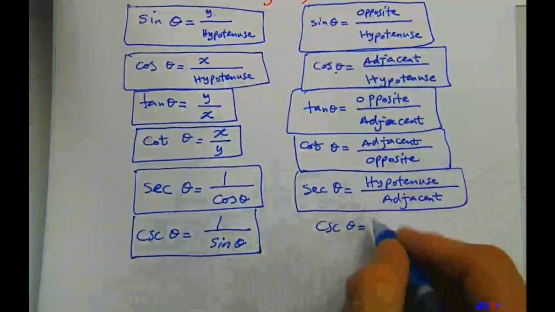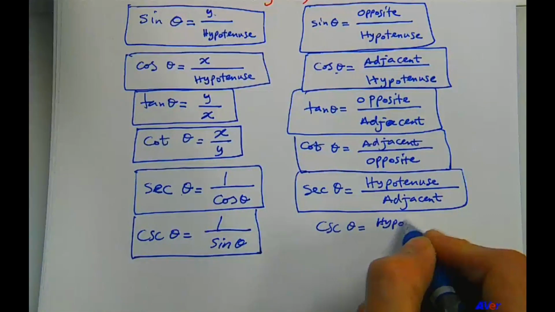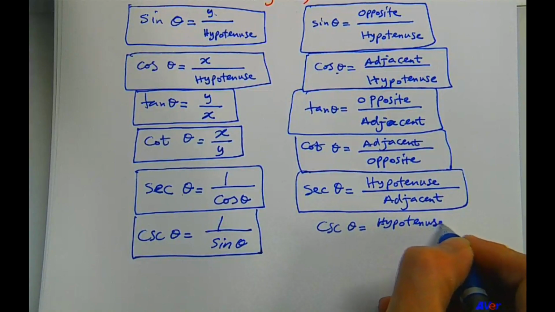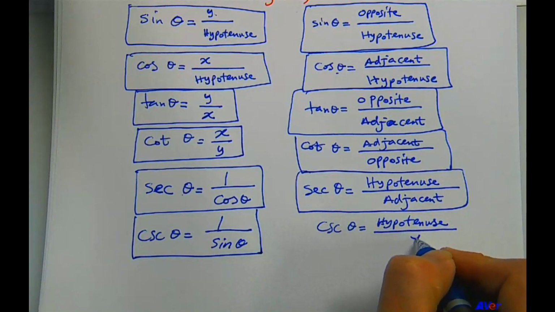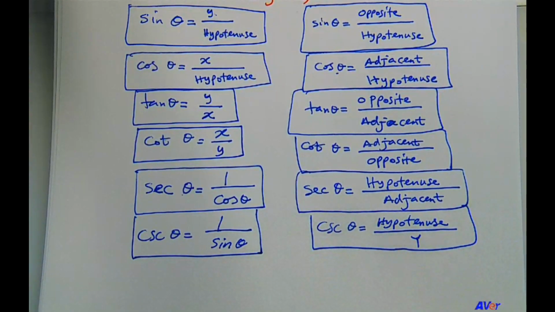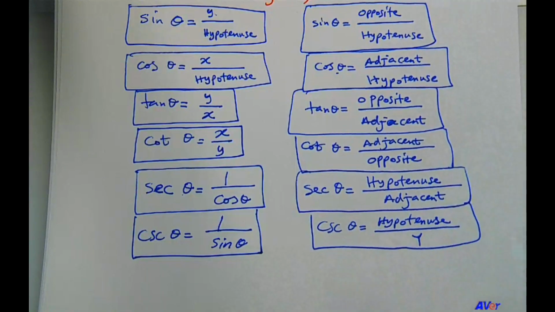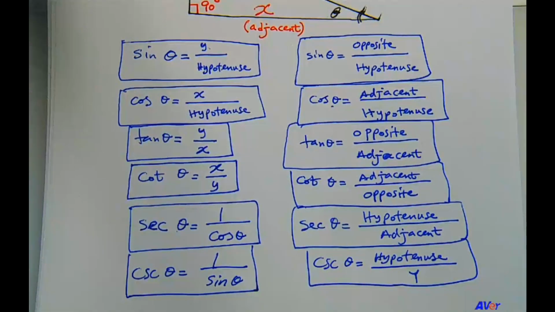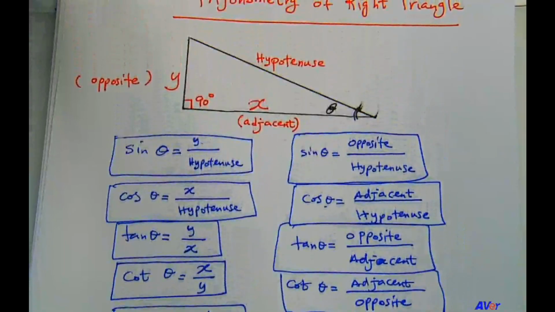Reciprocal of it. So this is all the relationships of the 6 basic trigonometric functions and the right triangle.